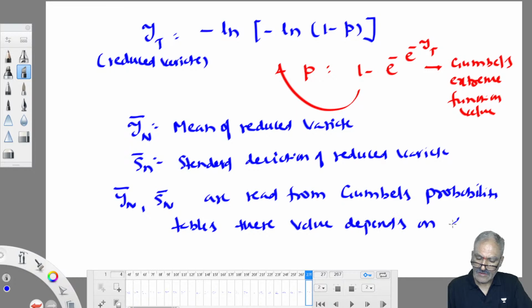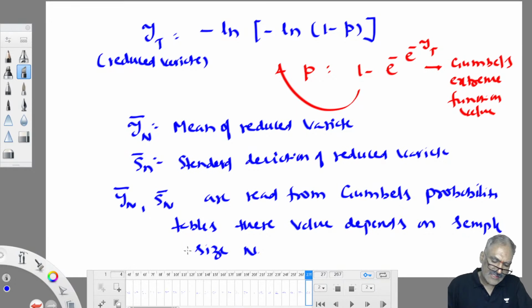For 50 years of data, YN bar is different and SN bar is different. For 30 years of data, YN bar is different and SN bar is different. So this we can read from Gumbel's probability tables.